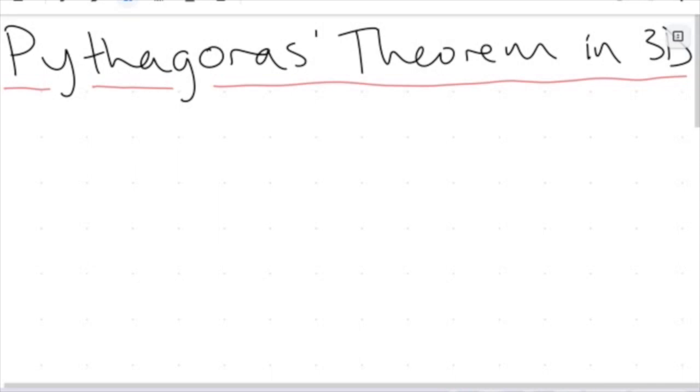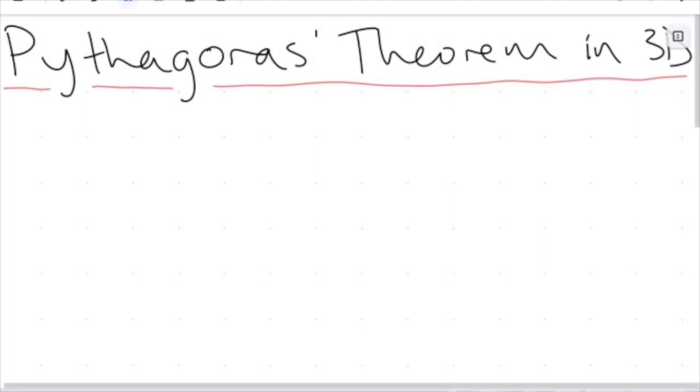So not just plane shapes like the triangle, but also how we can use what we know about right-angled triangles and Pythagoras' theorem to apply it to working with 3D shapes and finding out information about 3D shapes that we otherwise wouldn't be able to know about.